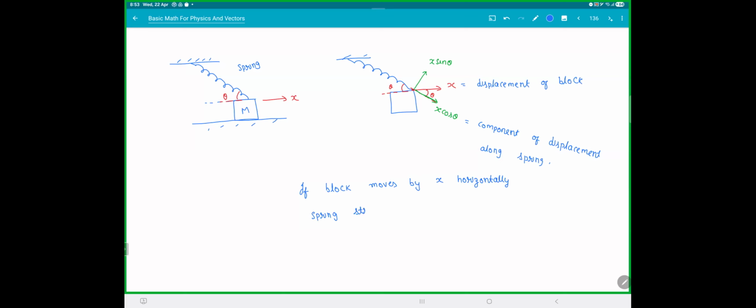It doesn't stretch by x. This is one way you can think of. That's the meaning of components. That is how we use it. So when the block is pushed by x, the spring will actually stretch by x cos theta.